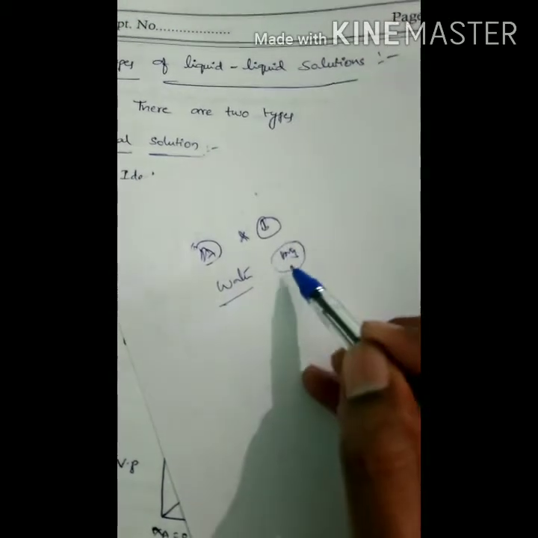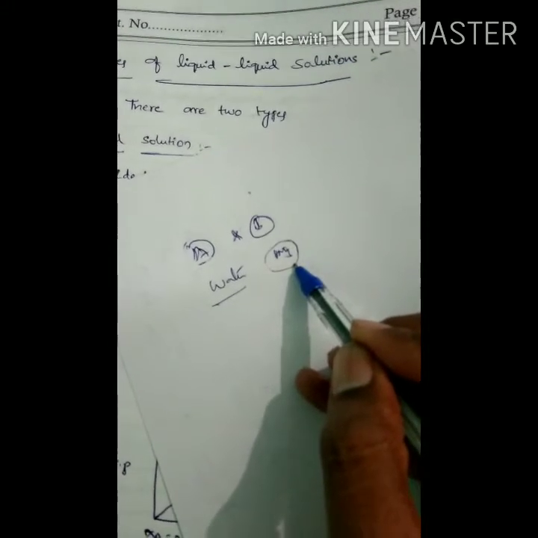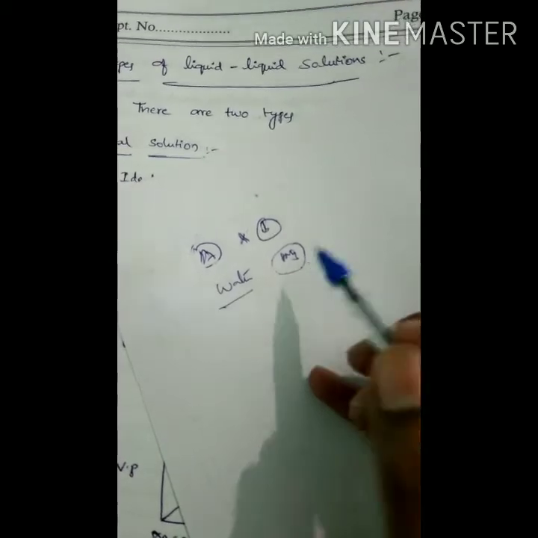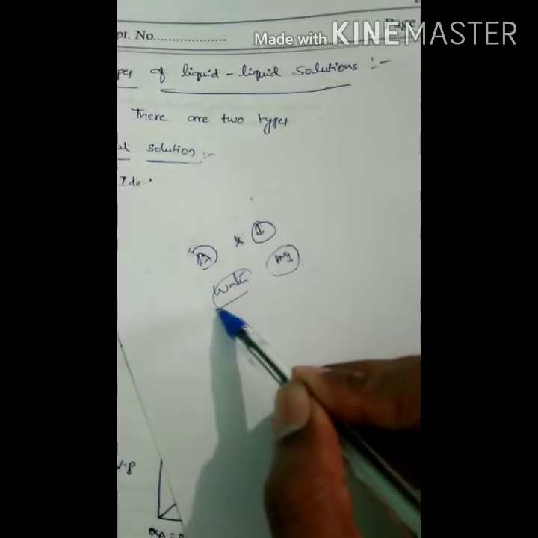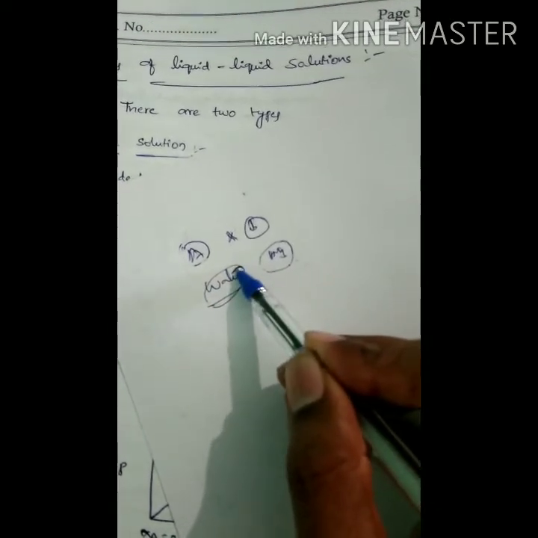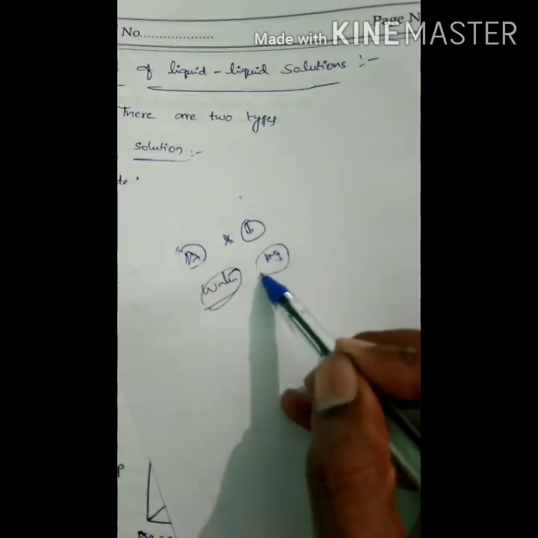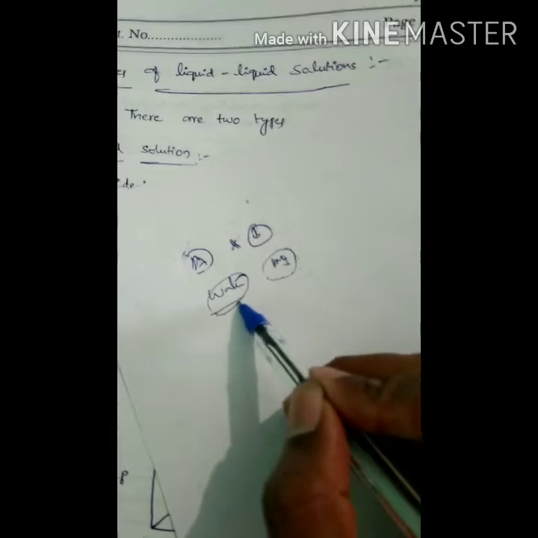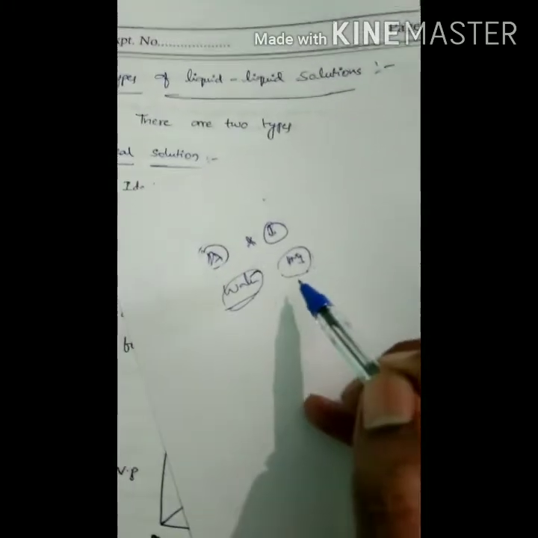Similarly, HNO3 is also a liquid, and in it there are so many HNO3 molecules with some attraction forces between them. Here the point is that the attractions present in water molecules are equal to the attractions present in HNO3 molecules.